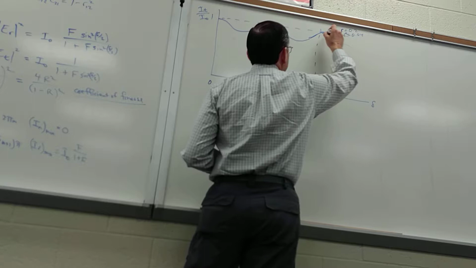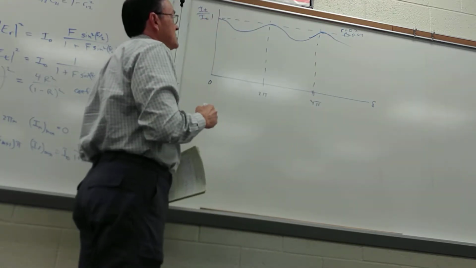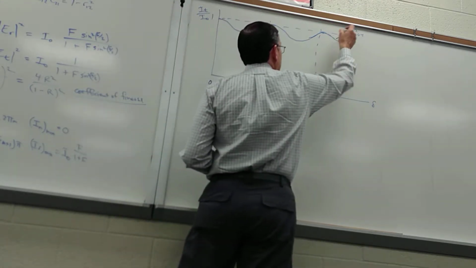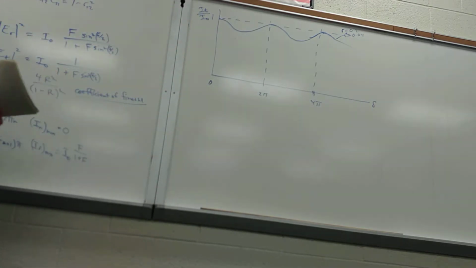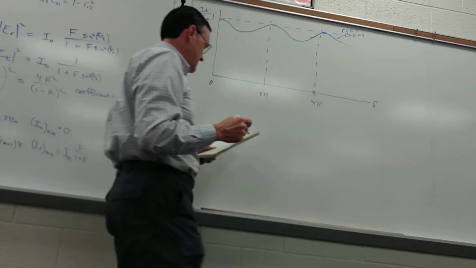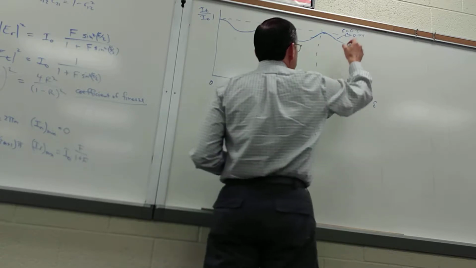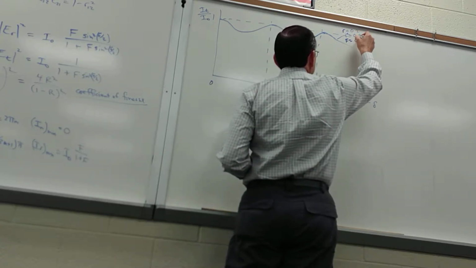Something like that. It just looks sinusoidal. That's the curve for that given R, yes. Which leads to a coefficient of finesse. We can write down what the coefficient of finesse is, it's equal to 0.2.